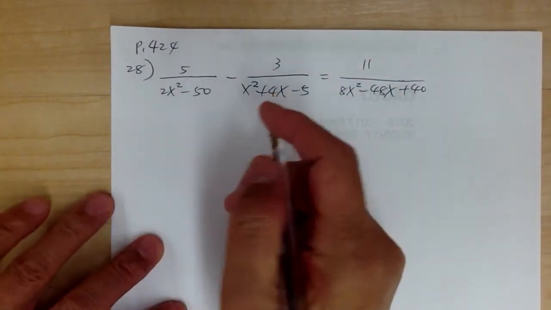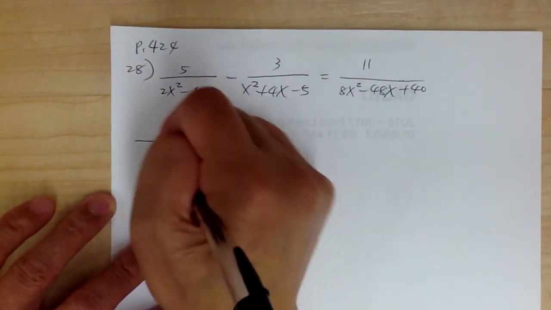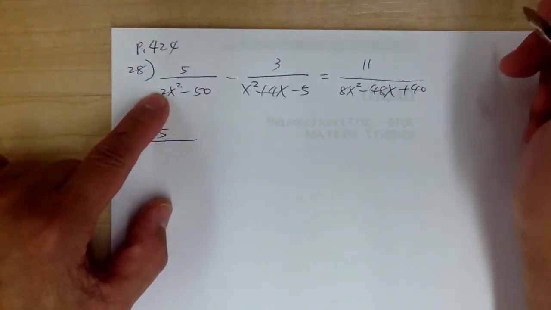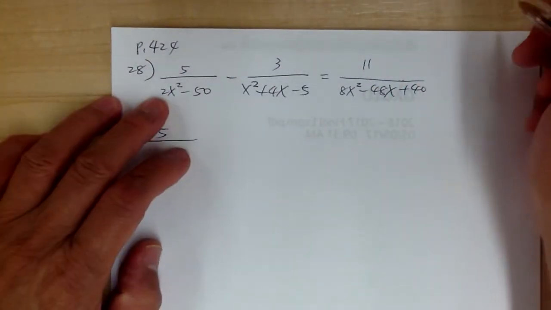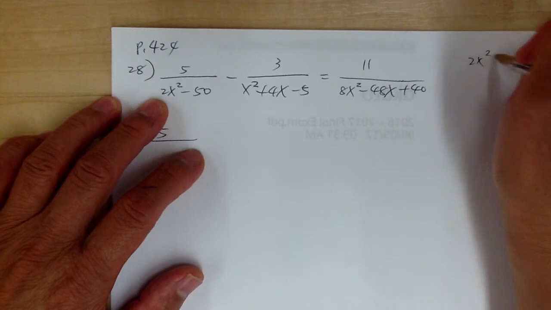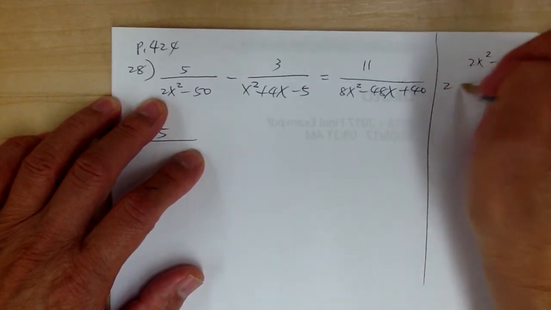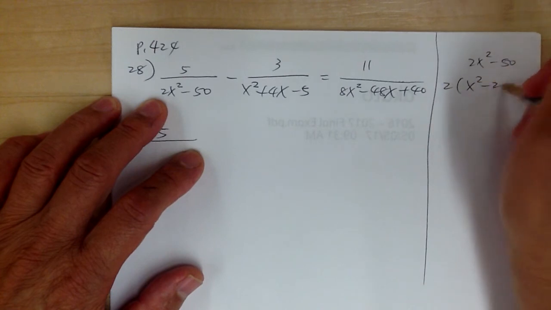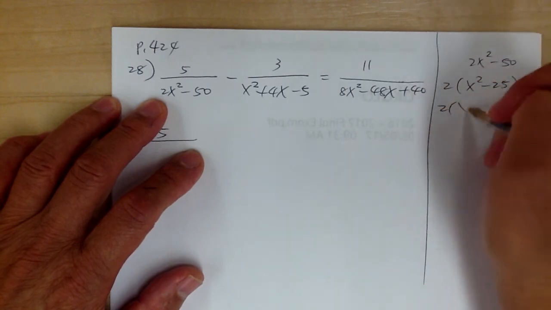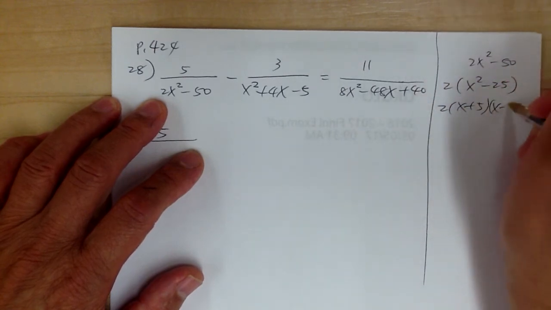Okay, so again, first let's go and factor each one of these. So you go off to the side so you don't clutter up your major steps, right? So 2x squared minus 50, step 1, common factor, so factor out the 2, so you get x squared minus 25, so you're going to get x plus 5, x minus 5.